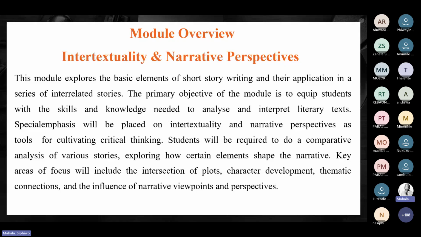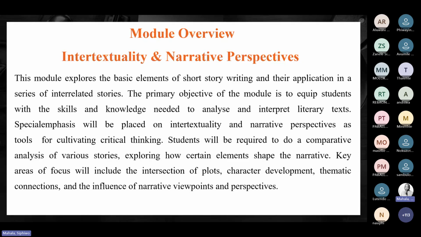Just to remind you, I keep coming back to this slide because this is how we introduced this module. You need to understand the context of the module in order to understand what we are trying to do with these stories. It's described as: the module explores the basic elements of short story writing and the application in a series of interrelated stories.